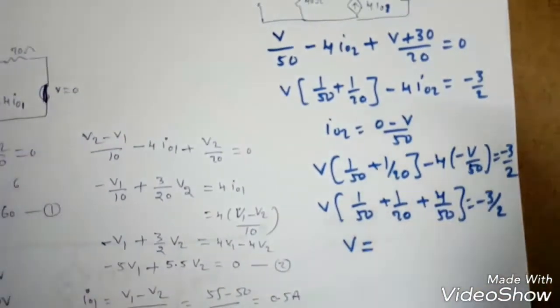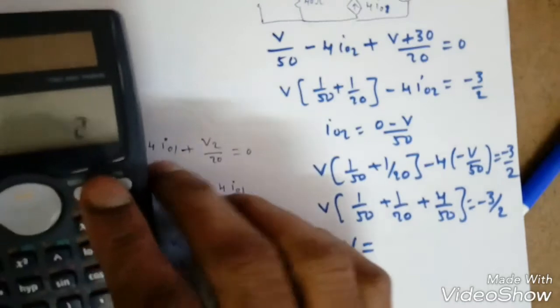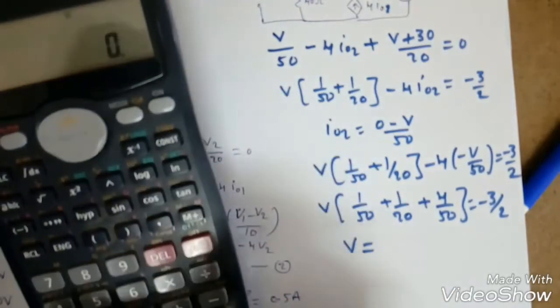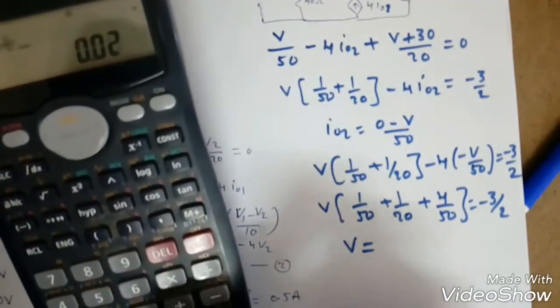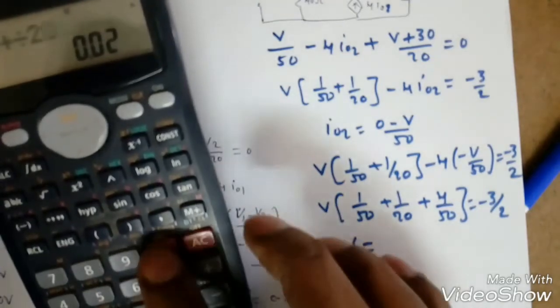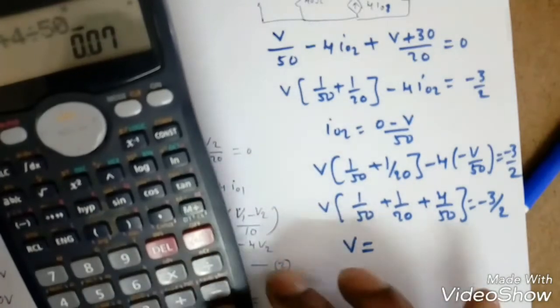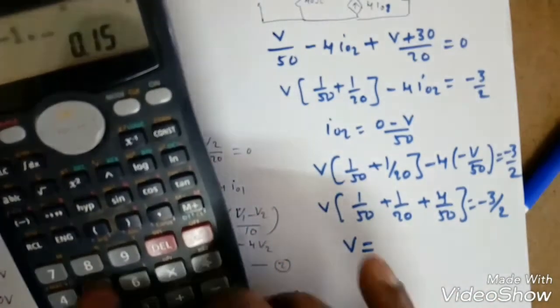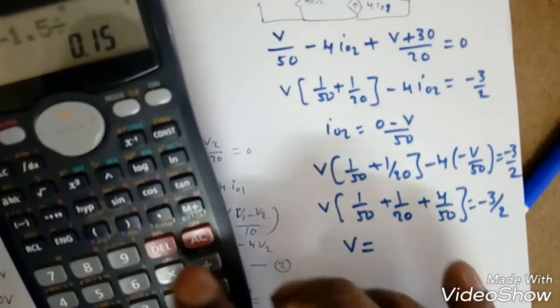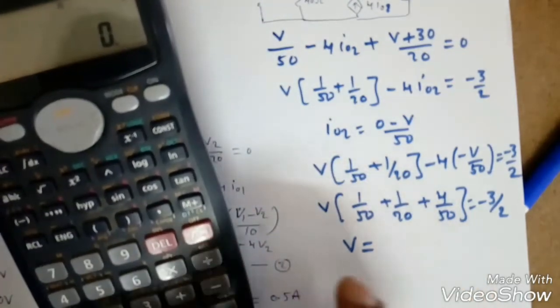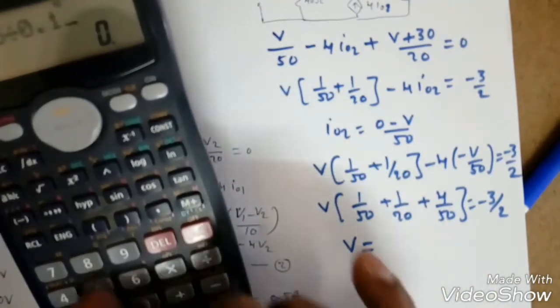So what is V? V is minus 1.5 divided by 0.15.